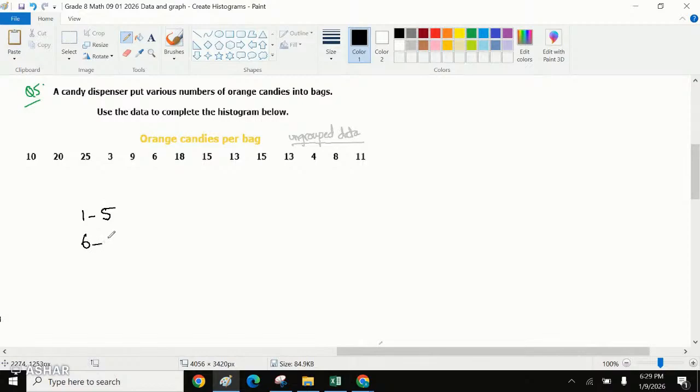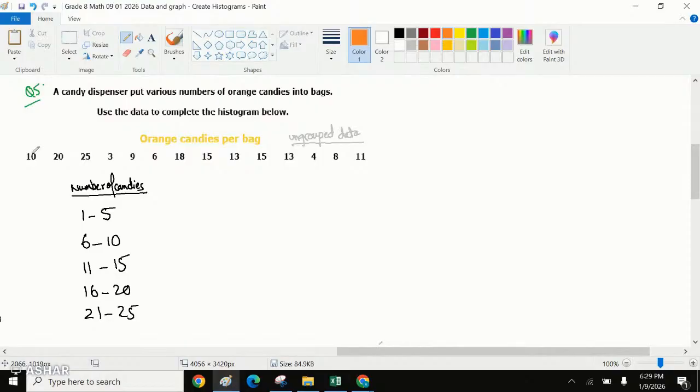We can have 6 to 10 candies. We can have 11 to 15 candies per bag. We can have 16 to 20, or we can have 21 to 25, right? This represents the number of candies.